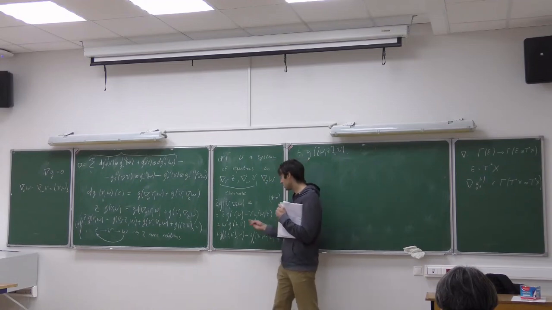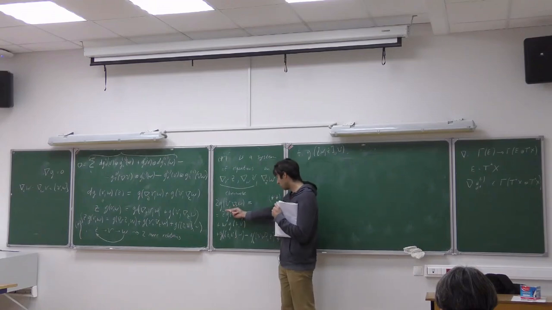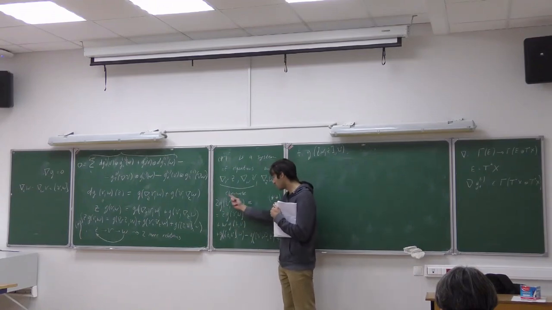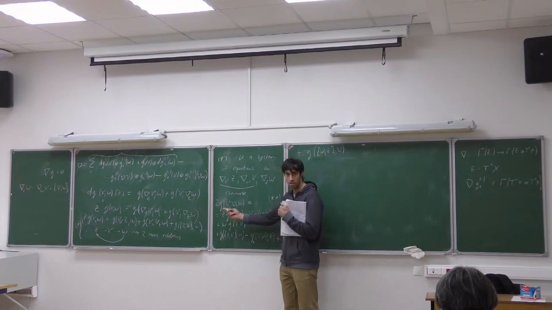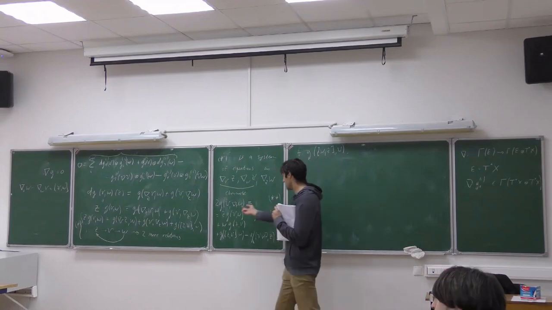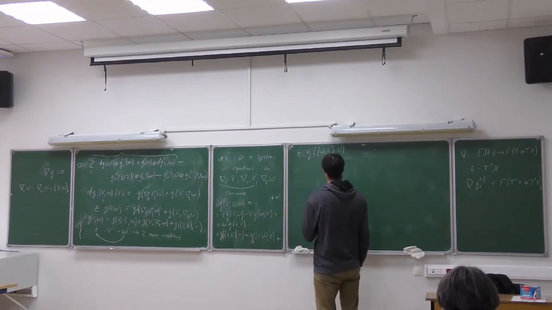And then for any Z and W and V, the left hand side should equal the right hand side, and from the non-degeneracy of g, it means that this term, nabla Z of W, is defined uniquely.